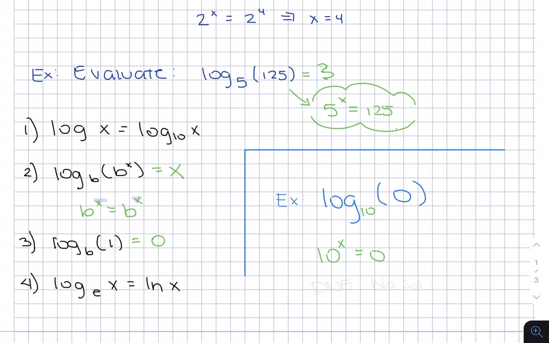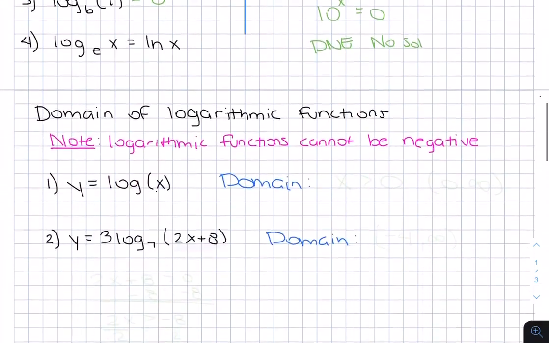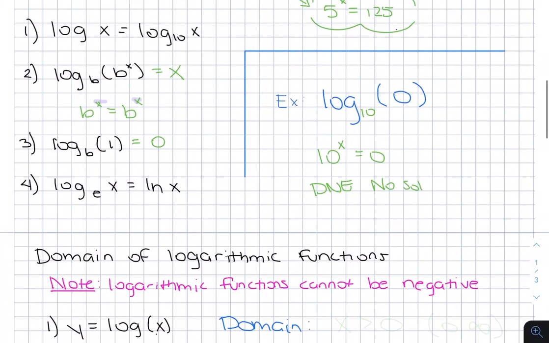No, right? So that means that this does not exist, or there is no solution. This means that anything inside the logarithmic function has to be greater than 0. It can't be equal to 0 because there is no x value that can give you that solution.